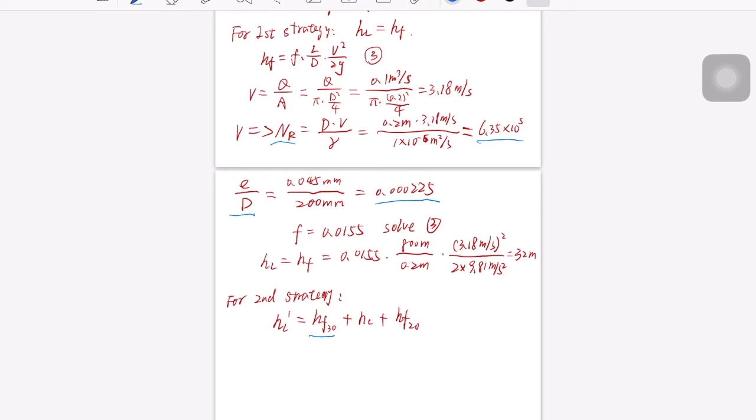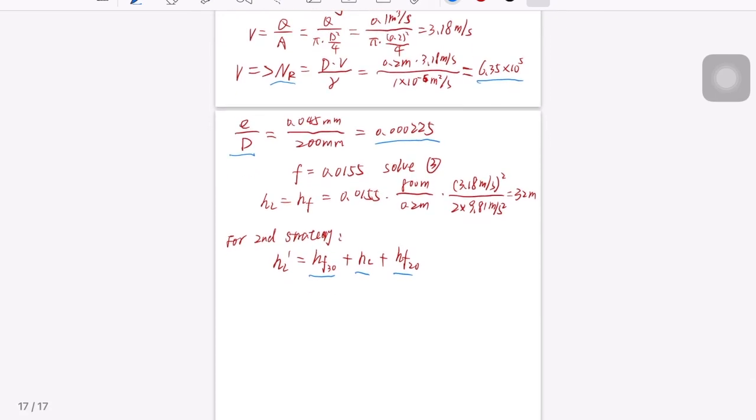This means the friction loss in the larger pipe. This is the head loss at the confuser. And this is the friction loss in the small pipe.